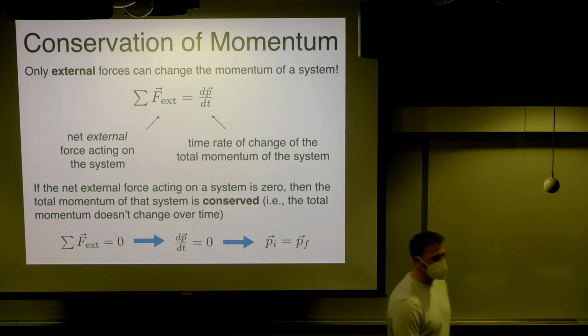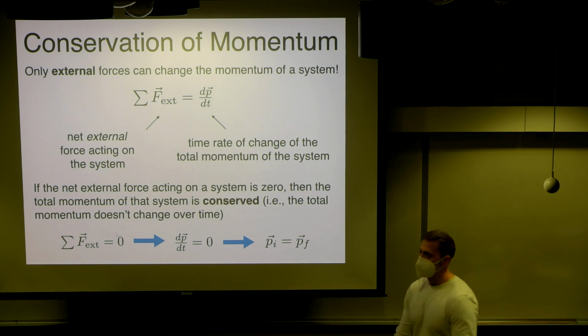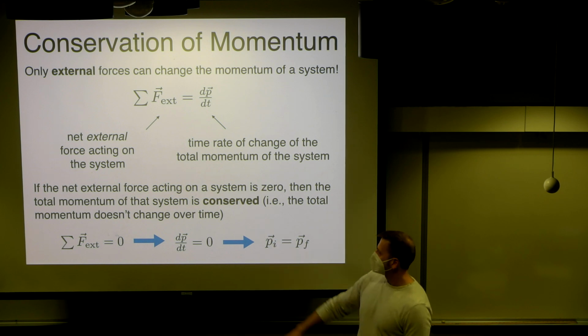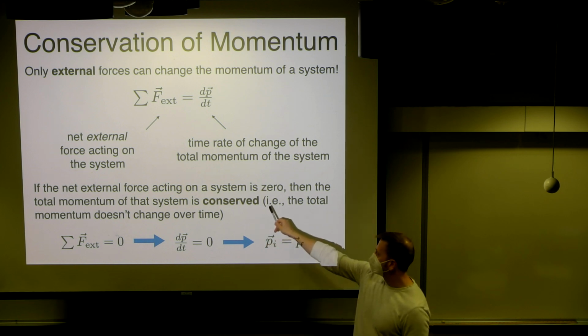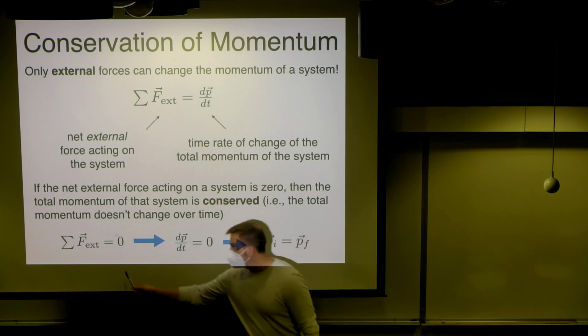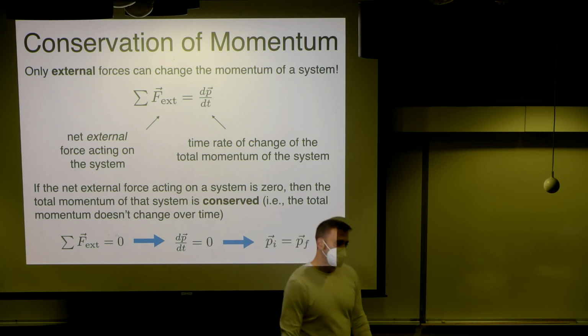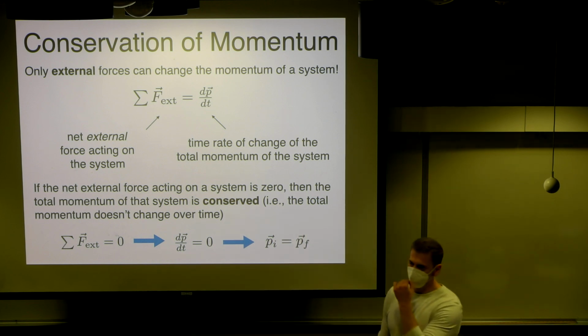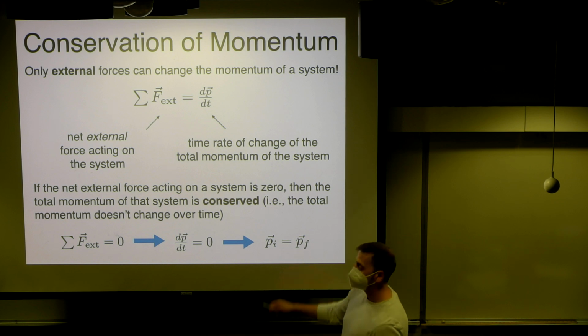And that just means momentum is staying the same over time. It's not changing. In other words, it's conserved. So that's the law of conservation of momentum right there. When you have no external force, then momentum is conserved. Keep in mind, if you do have an external force, then momentum will not be conserved, okay? So we're going to go into some detail about how to use this on Thursday.